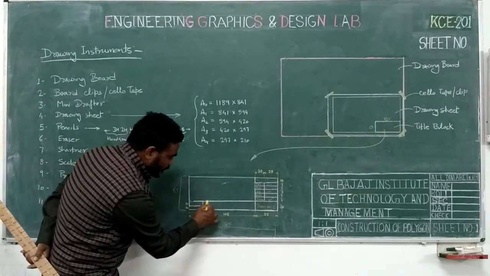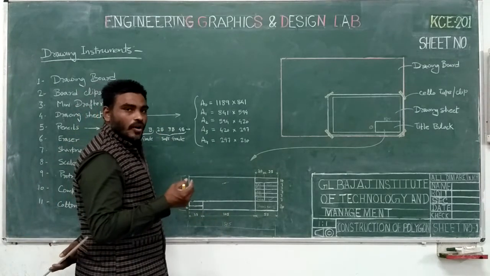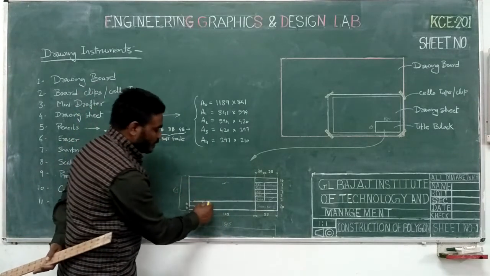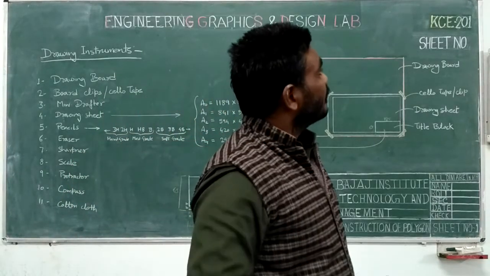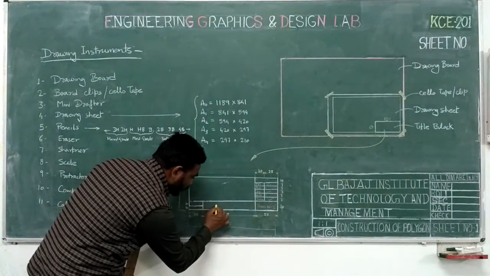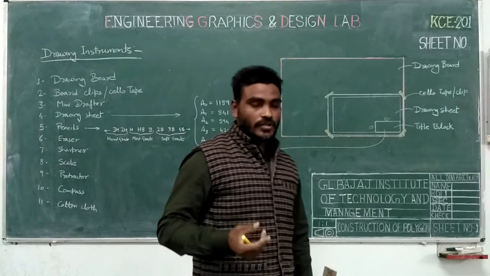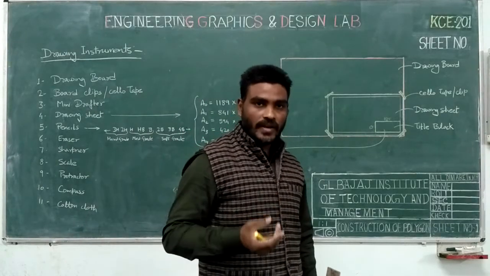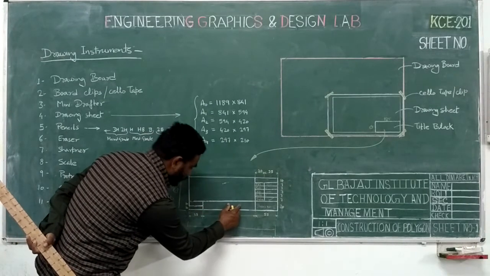And in this space, you have to write the title of the sheet. Suppose in the first experiment, you are going to study the construction of polygon. So you have to write here construction of polygon. And suppose you are going to study projection of point and projection of line or anything else, whatever the title will be, you can write here.